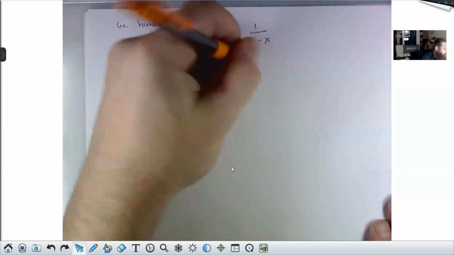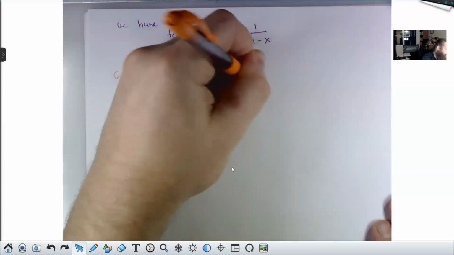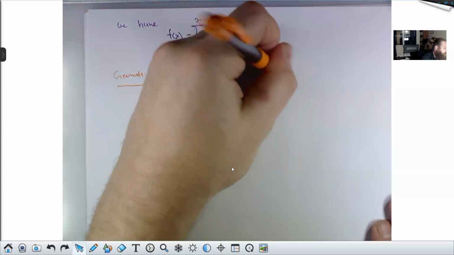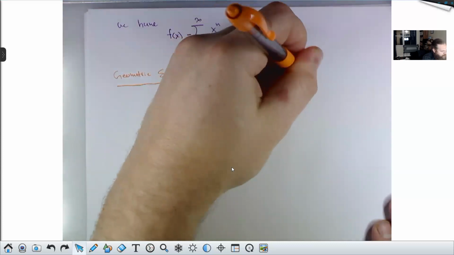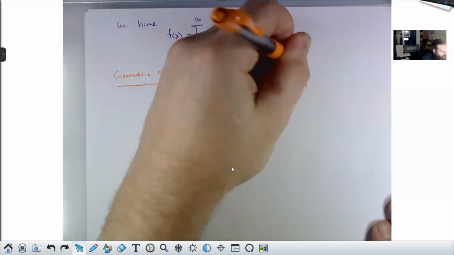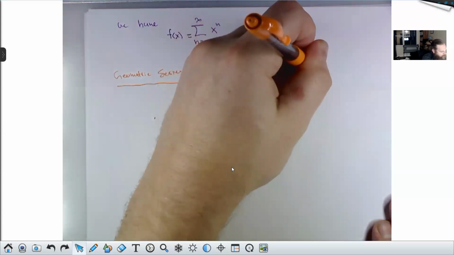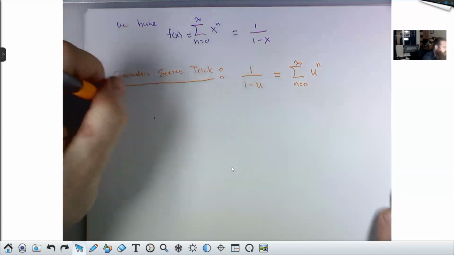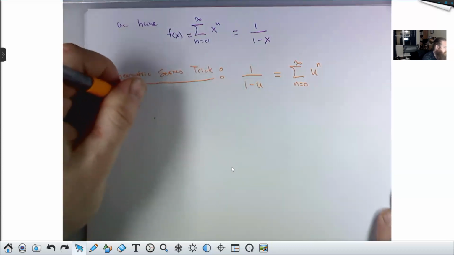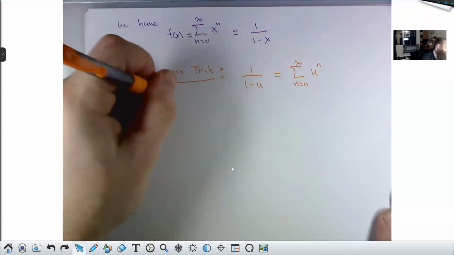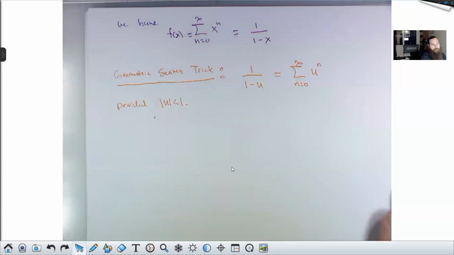It says that 1 over 1 minus u is equal to sigma n from 0 to infinity u to the n. And this is true provided the absolute value of u is strictly less than 1.